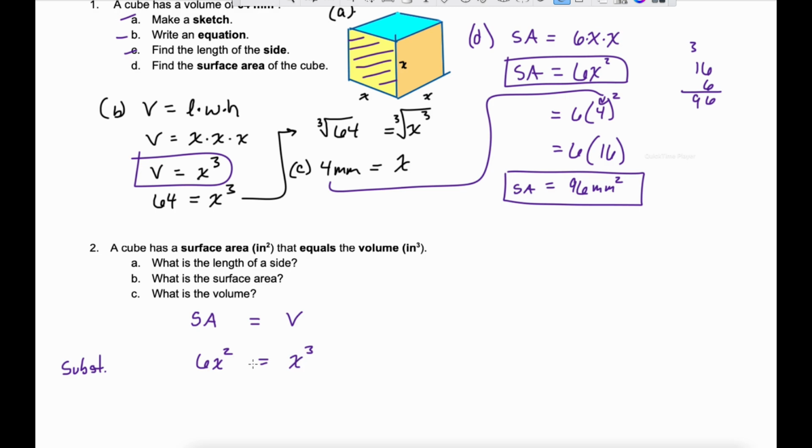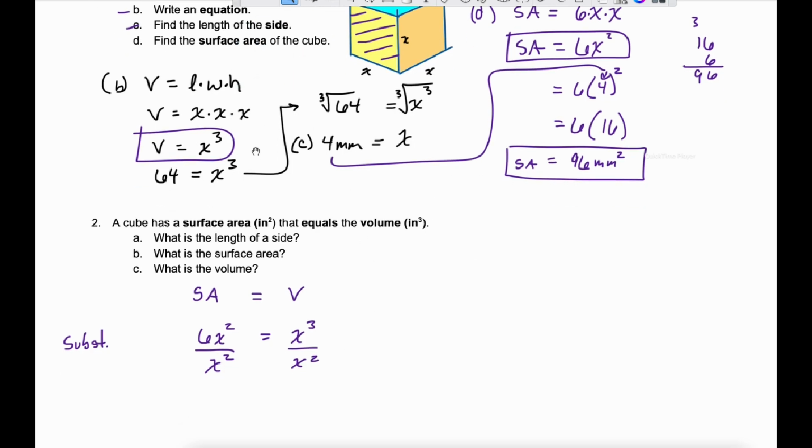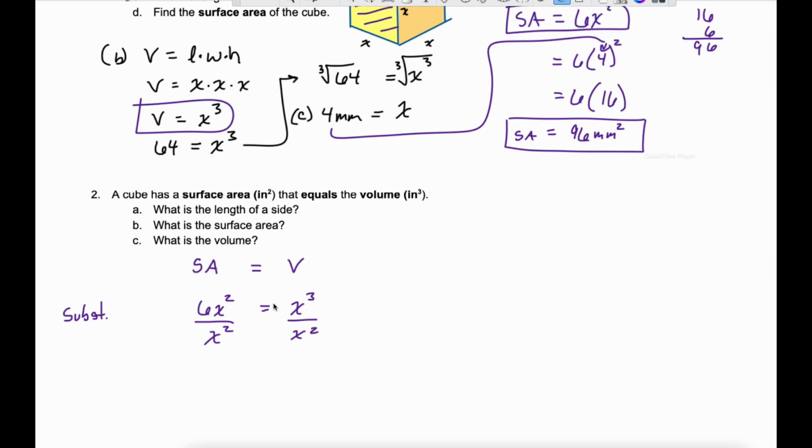How am I going to get my x's on one side? How about we divide both sides by x squared? That cancels, and I'm left with x equals 6.